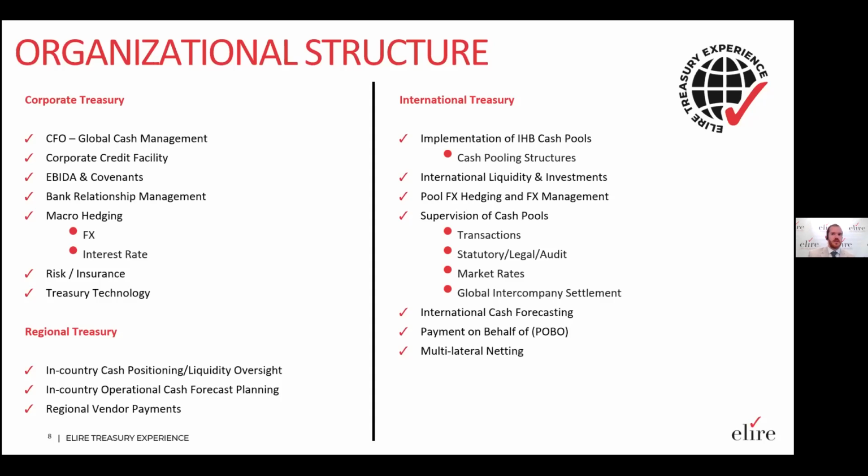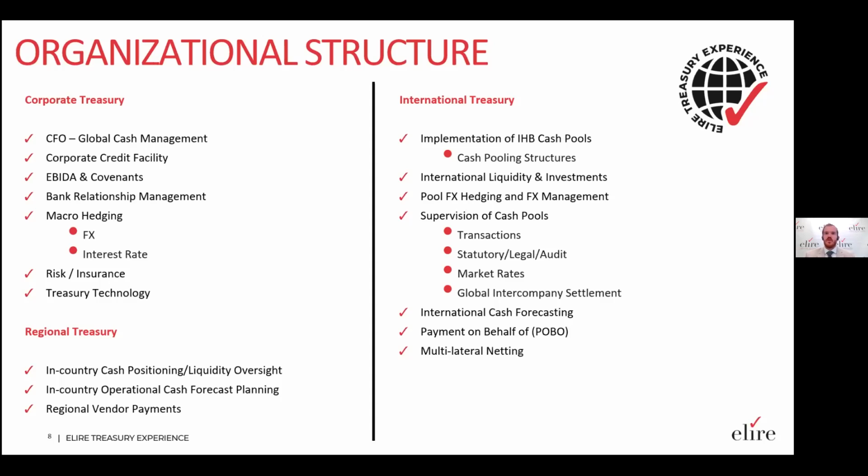So any transactions to the cash pool, any legal audit mandates for particular countries participating in either cash pools or, in a lot of circumstances, investment pools to get the return of scale investments instead of typically having to invest in smaller derivative instruments or things of that nature.